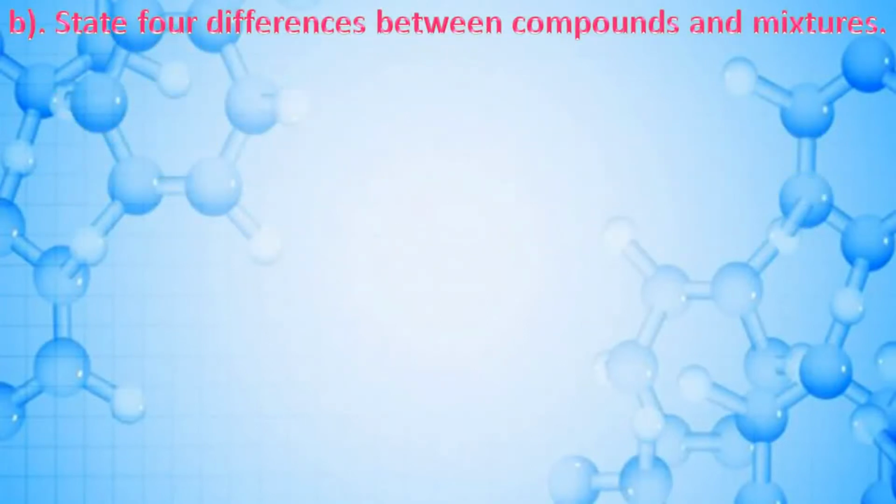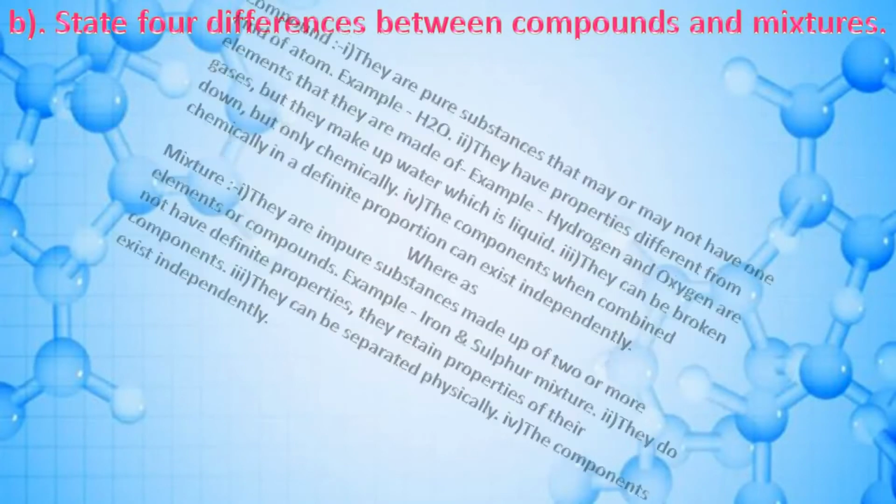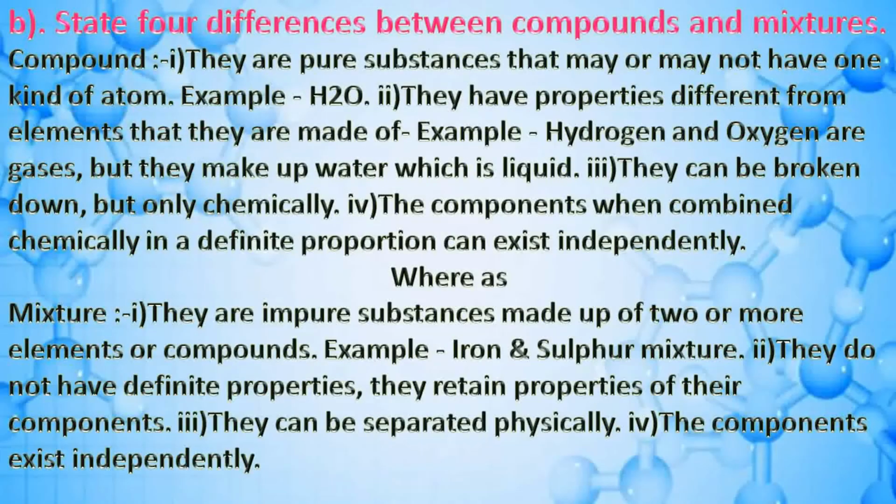State four differences between compounds and mixtures. Answer is: compounds. They are pure substances that may or may not have one kind of atom. Example, H2O. They have properties different from the elements that they are made of.